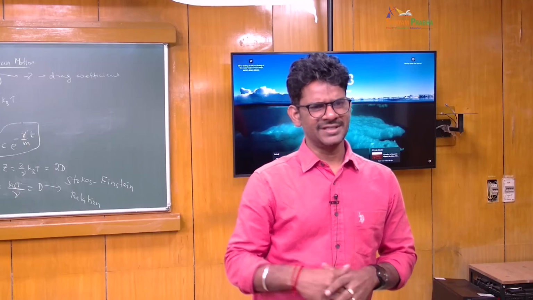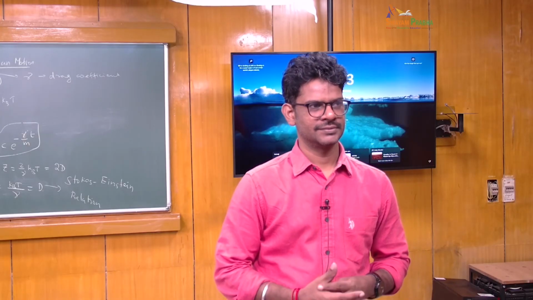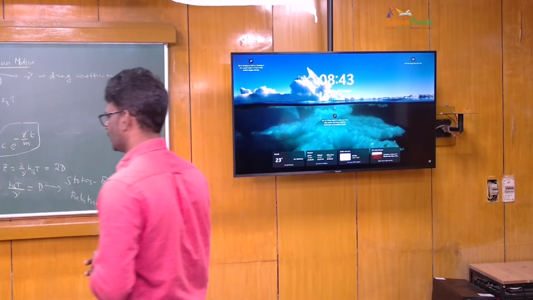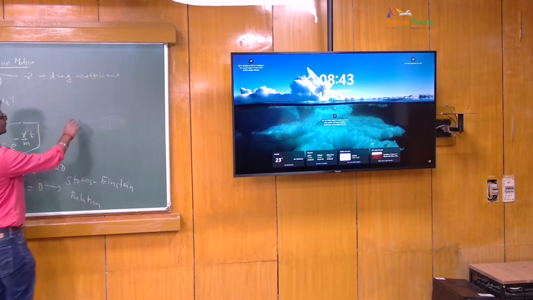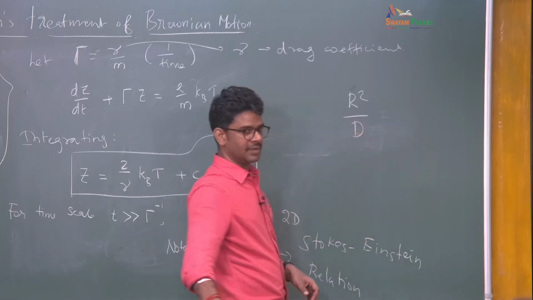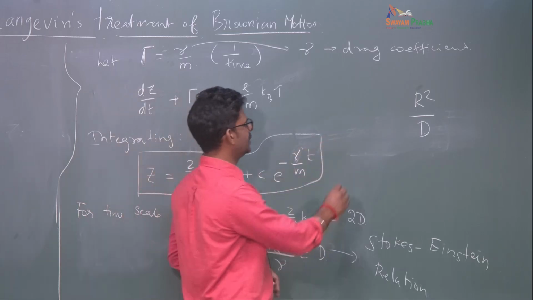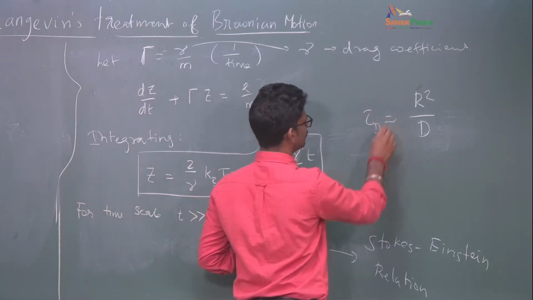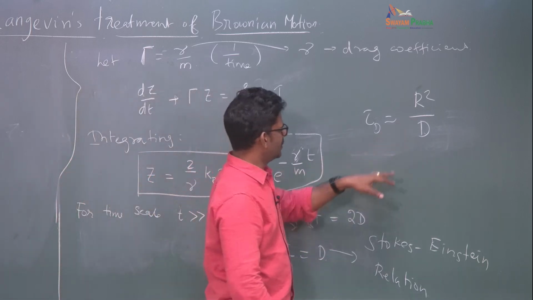But there is a much simpler way to do it, right? You can define something like r square divided by D. So this actually gives a time scale for diffusion. How do I get this?